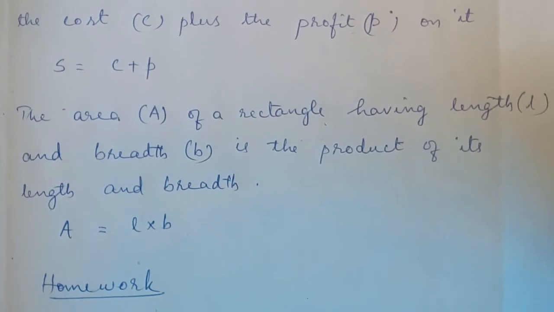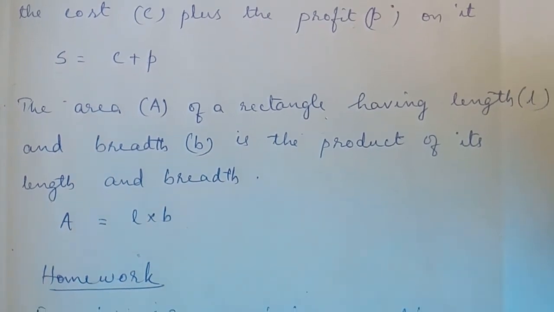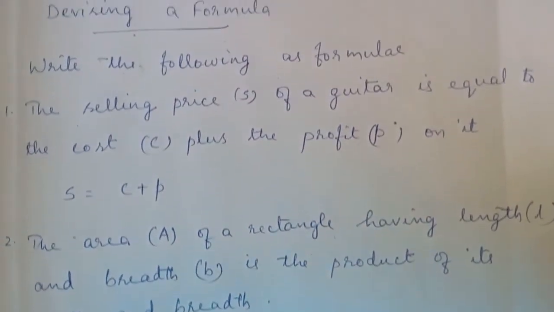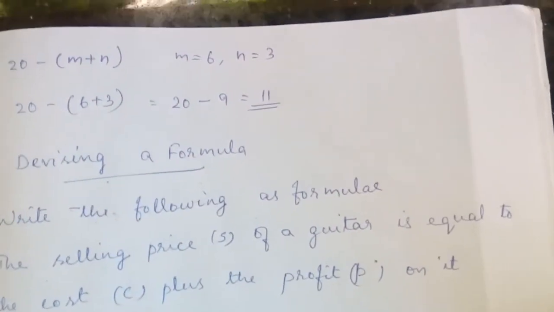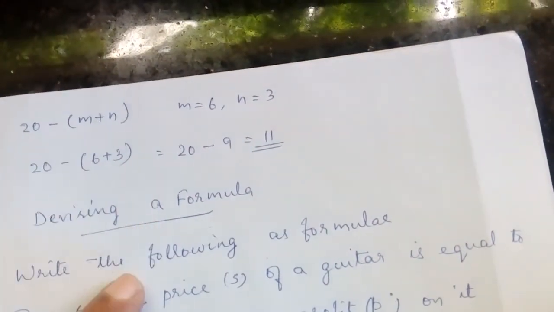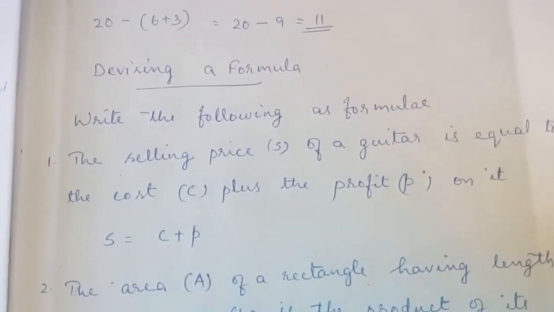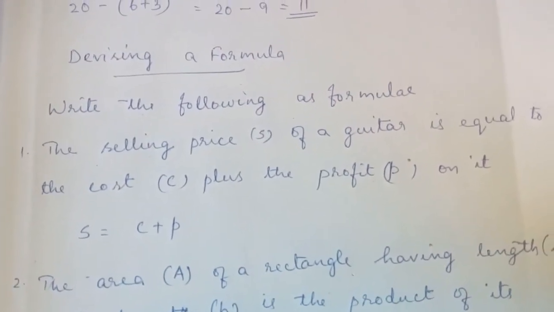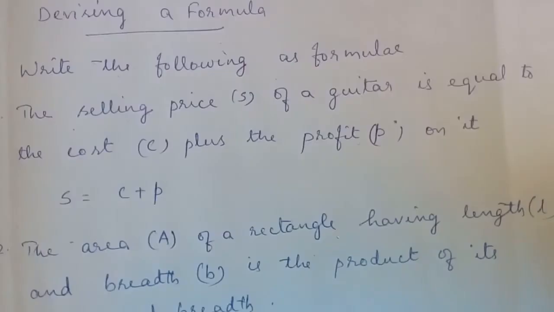Then we studied how to find the value of the polynomial if the value of the variable is given. Just substitute the values in the expression or given polynomial and calculate according to the sign. Then last one, we studied how to find the formula from the given statement.